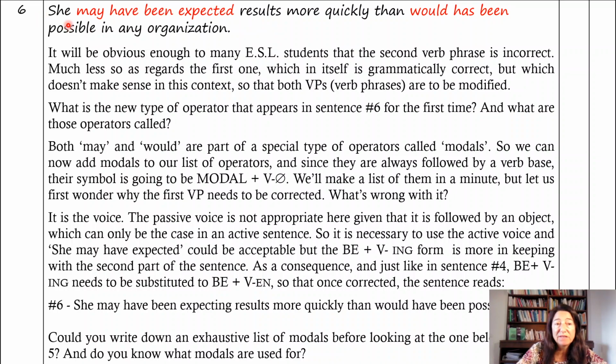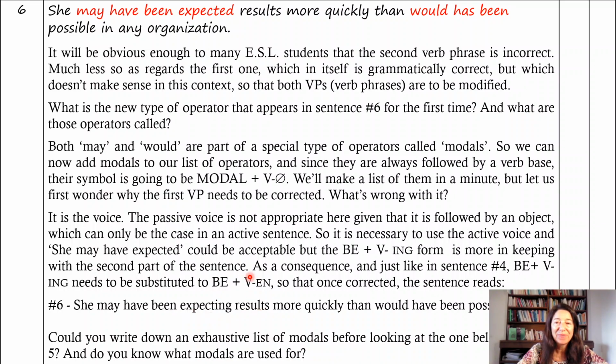And then you have subject, verb, object, the very traditional composition of sentences in many languages. Whereas when you use the passive voice, what you have right after the verb is the agent, which is generally introduced by "by", and that's not what we had here, which is why we had to correct the sentence the way we did.